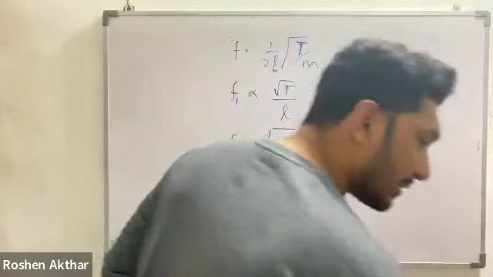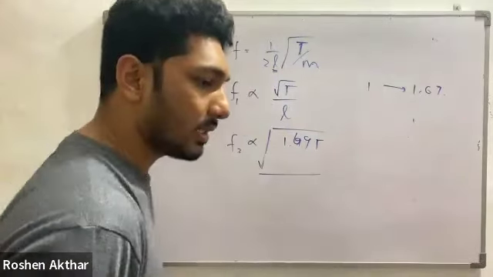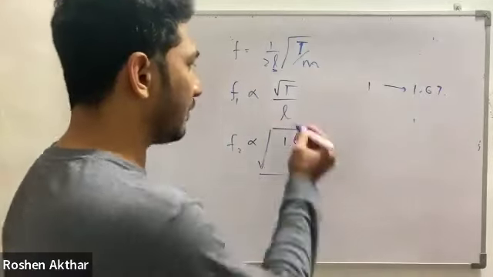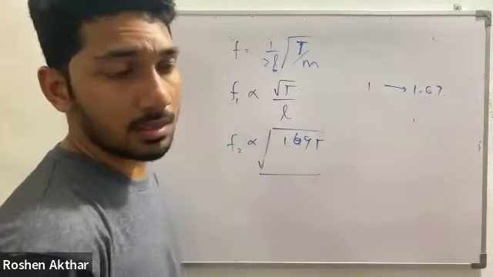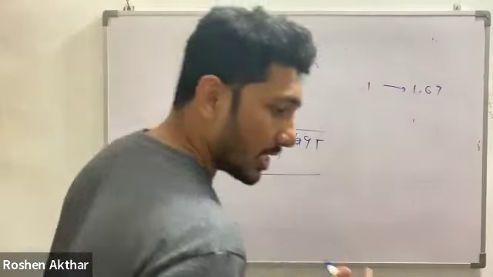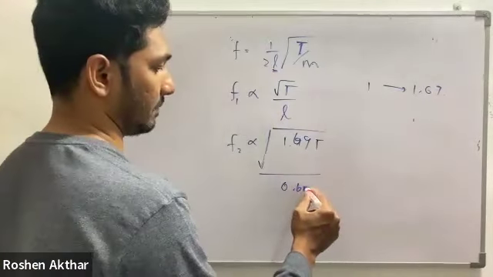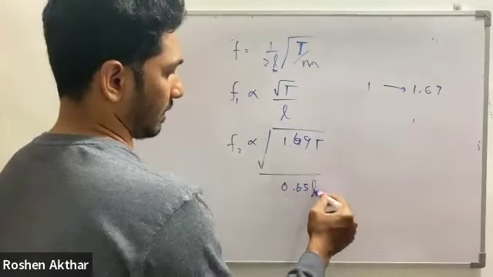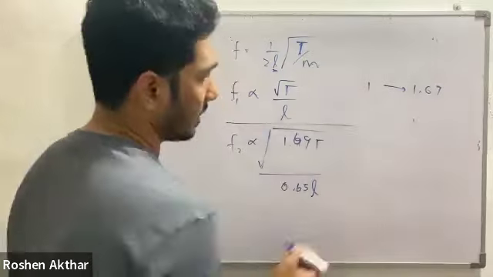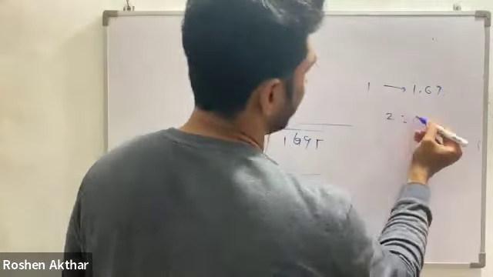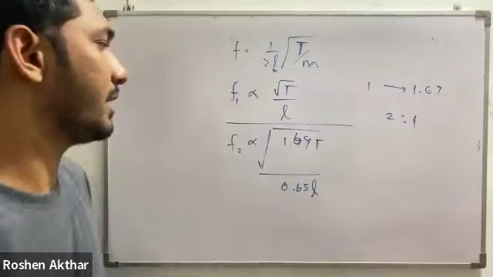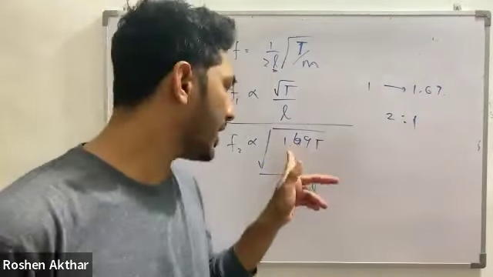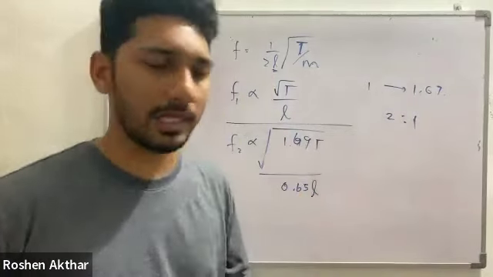And then L is reduced by 35%, which means initially if it is L, now it should be 0.65 L. So you solve this, you will get the answer 2:1. So this is square root of 1.69, so it's 1.3, over 0.65, it's 2, right?